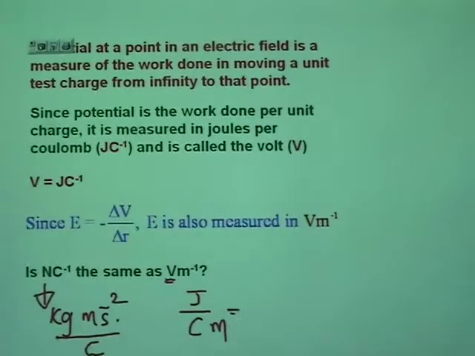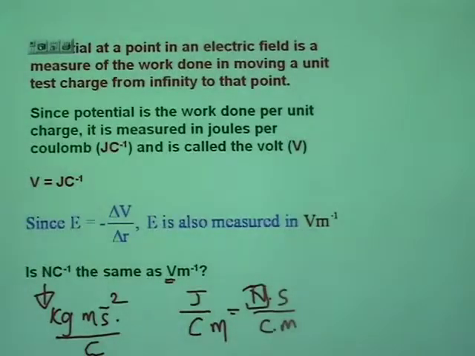Now, what is a joule? A joule is a Newton meter, work done. So that is Newton meter divided by Coulomb meter. Now, what is a Newton? You tell me.